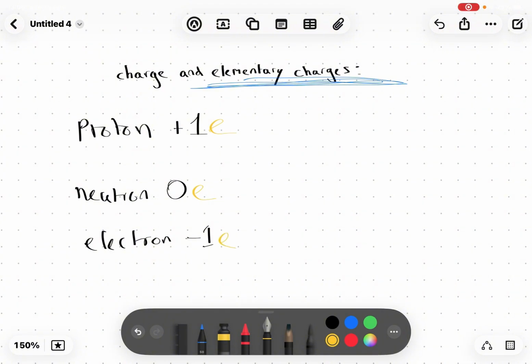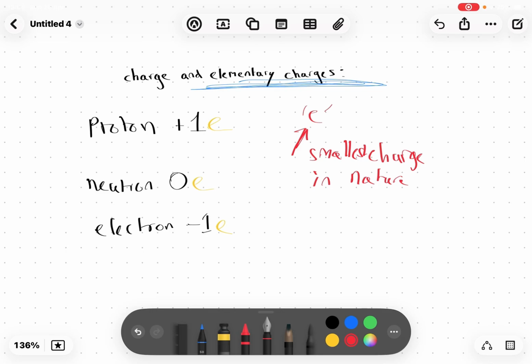What is e, you might be thinking. e is the smallest charge in nature. There's nothing smaller than it, and all charges are represented in e.